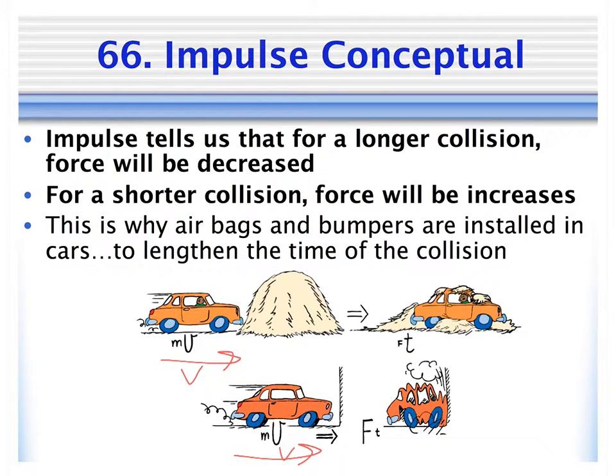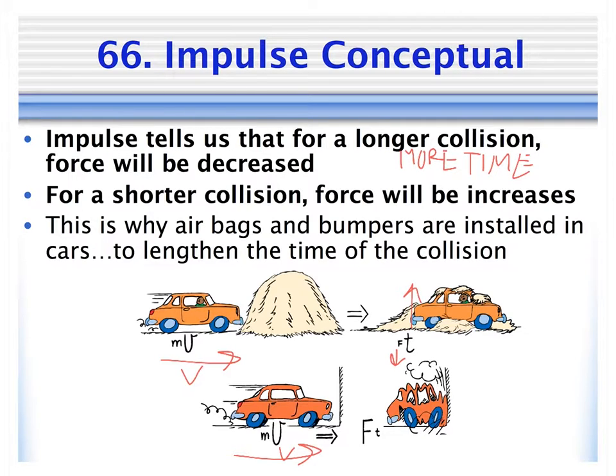What impulse tells us is that for a longer collision, meaning more time for our collision, the force exerted on the object will decrease. All right, so as our time goes up, our force goes down.